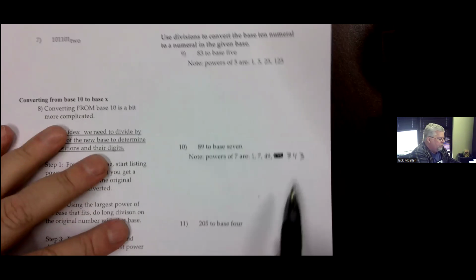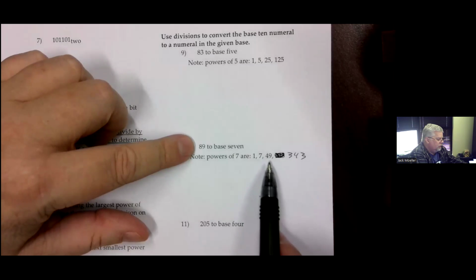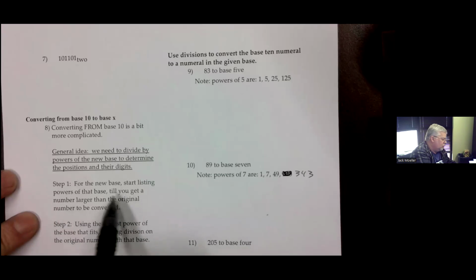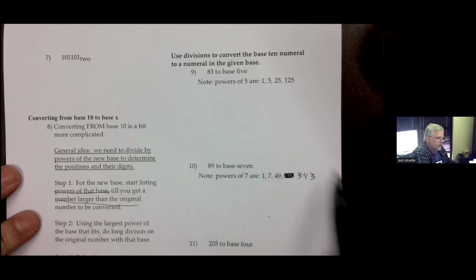But 343 is bigger than 89, so we don't have to keep going. We're not going to need 7 cubed. We will need the 1, the 7 to the first, and the 7 squared. That's what I mean when we say start listing powers of that base until we get a number larger.